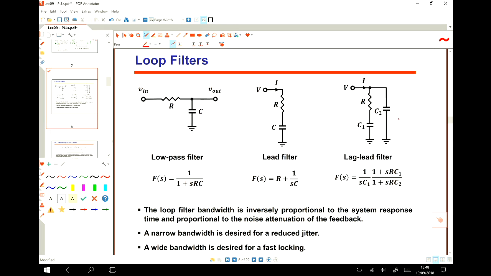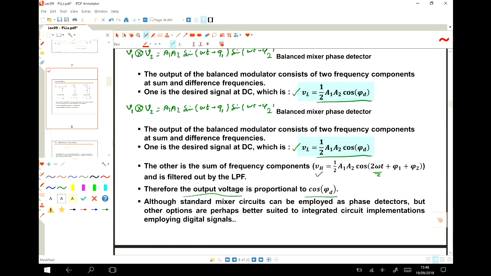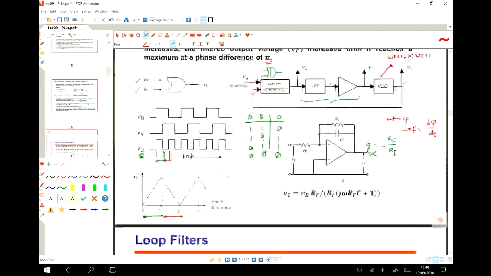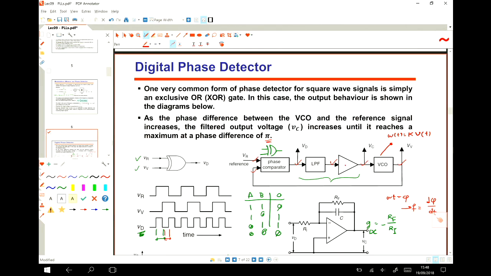One of the main disadvantages of all these filters is that they do not bring any gain for you. So usually we need a gain in our loop, as we can see here. I mean, the gain that this VCO provides and the gain that this phase comparator provides, because the gain of the whole system depends on the gain of each component.